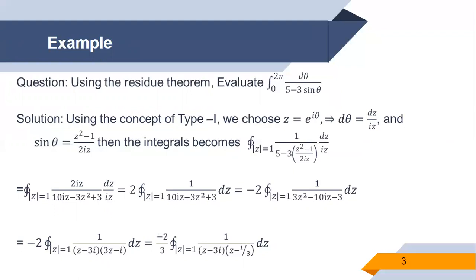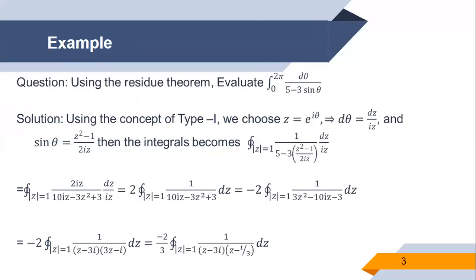Using the concept of type 1, first we choose z is equal to e raised to i theta, so d theta is equal to dz upon iz, and sin theta, we know, is z square minus 1 upon 2iz. The integration limit is 0 to 2 pi, therefore we consider the contour as the unit circle.